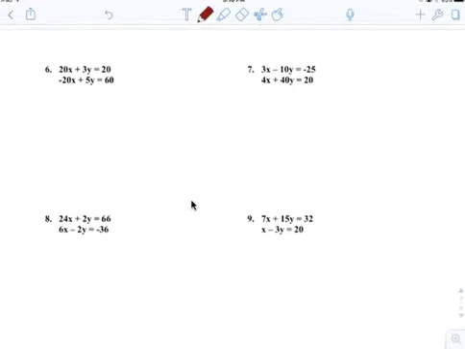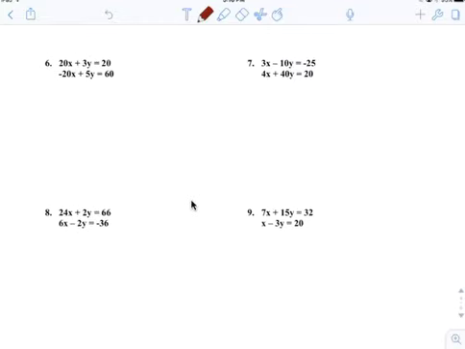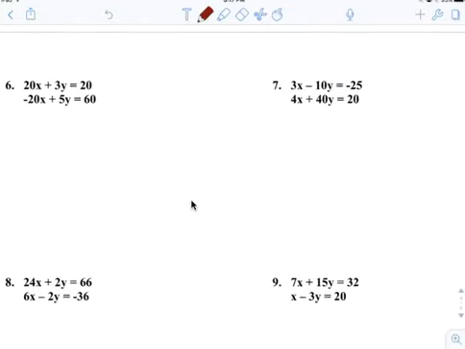Okay, same thing. Now here you would eliminate the y, this looks like our notes. So multiply the top one by 4. That leaves you 12x minus 40y equals -100.